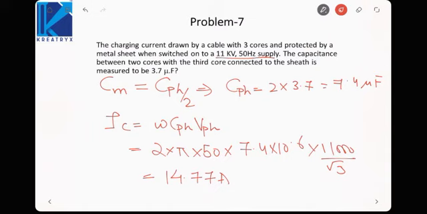So you have to remember the cases where we found the per phase capacitance in terms of the measured capacitance under different cases. These sorts of problems can be framed from underground cables and insulators. These are a very limited set of problems. A problem from outside these is very hard to form. Mostly these sorts of numericals can only be framed, so be well aware of these types of problems.